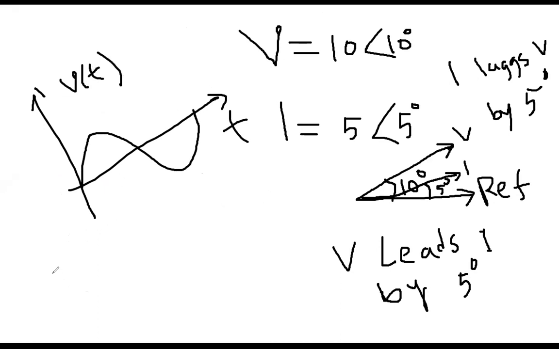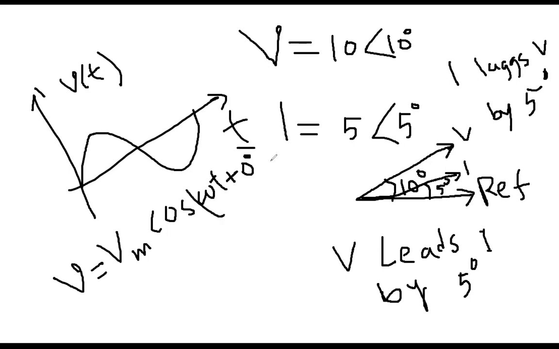How did we express that? V was Vm cosine of omega t, and then I have to look whether it is plus or minus any angle. In this case it is 0, because it starts from the 0 position. So this is the general expression, including the omega t, for the AC waveform in the time domain.